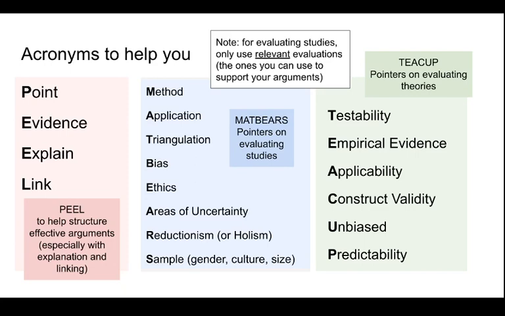Because in SAQs, you still need to point, you still need to put evidence, which is the study. You still need to explain the topic that you're being asked for, and you still need to link using the evidence. You also need to explain a little bit in the end, just to clarify what's going on with the study. You can't just leave the examiners hanging like that.